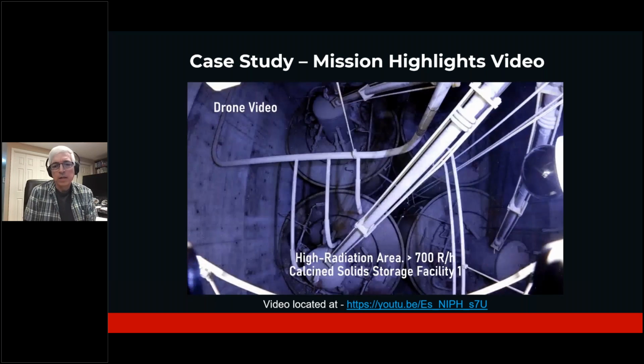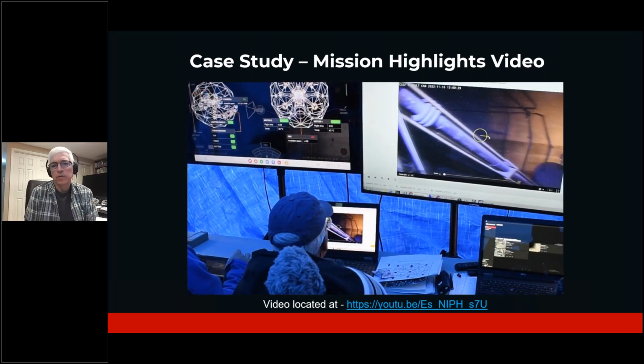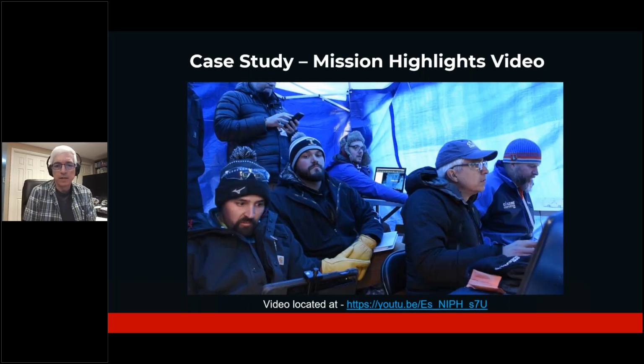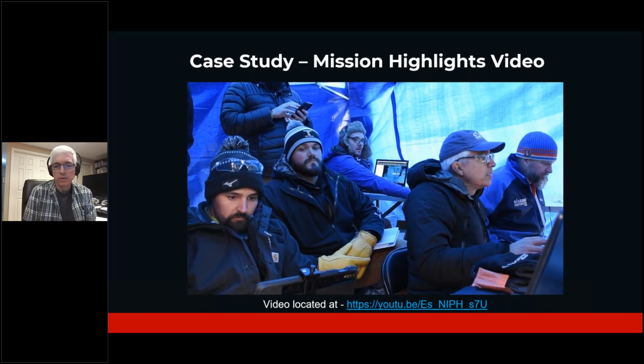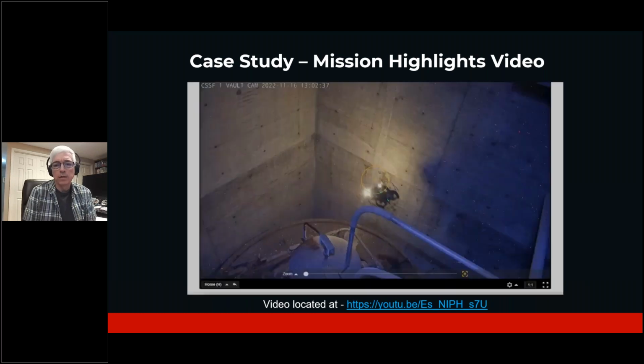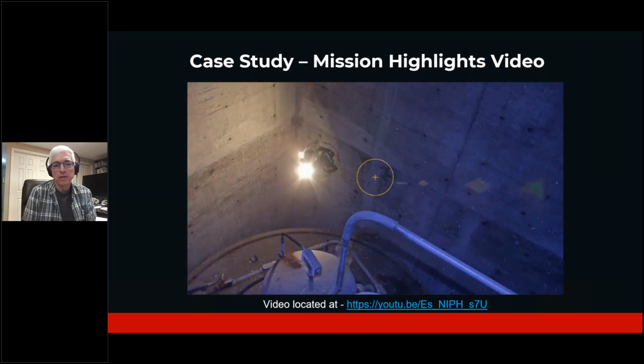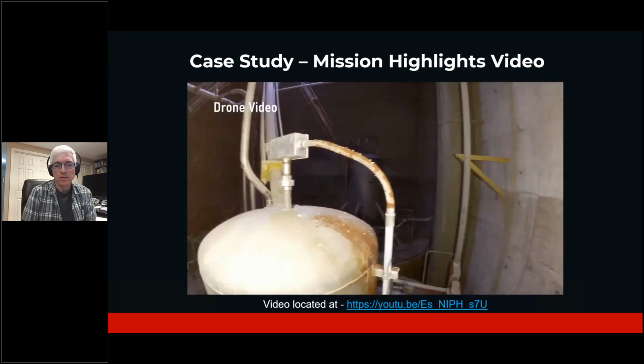And the goal is to create a LiDAR map of the interior that we would use later to install equipment for remote removal of the radioactive powder inside these large bins.